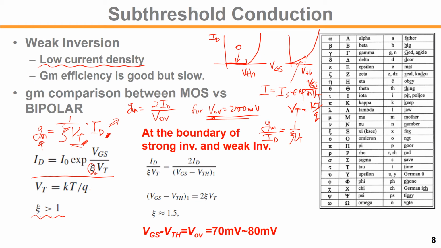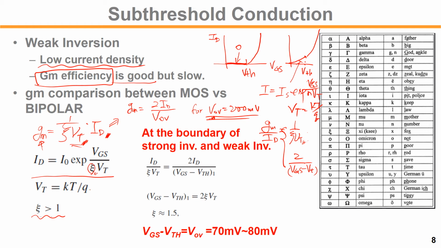In strong inversion, we have 2 over VGS minus VT, like this equation. Comparing that, the subthreshold number is a lot bigger, so good GM efficiency is achieved. But the problem is the device size is too large.